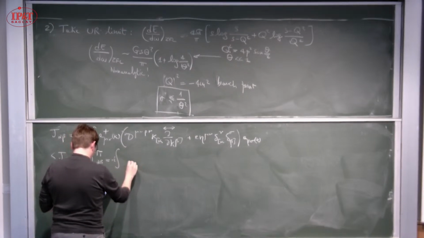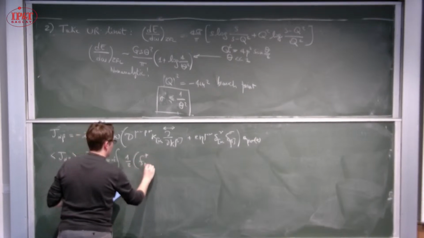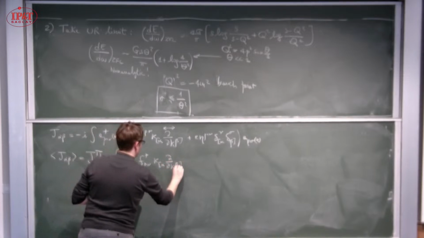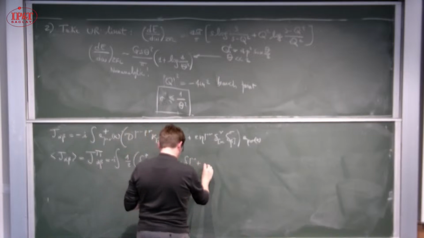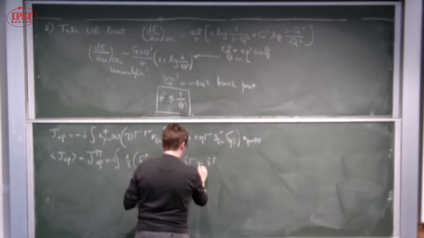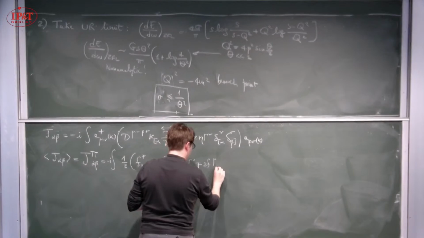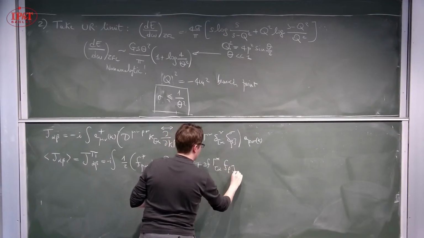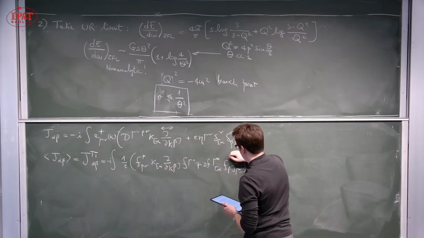Minus i 1/2 F star mu k alpha d k beta, F mu plus, sorry, minus F, no, plus was correct, twice F mu alpha F beta mu. Should be round.